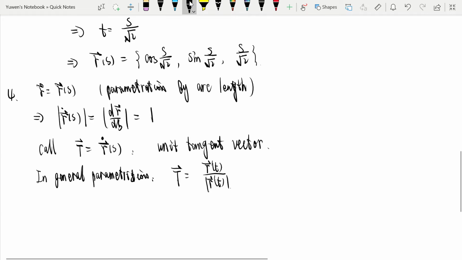And why is this true? Because r'(s) equals the unit tangent vector.